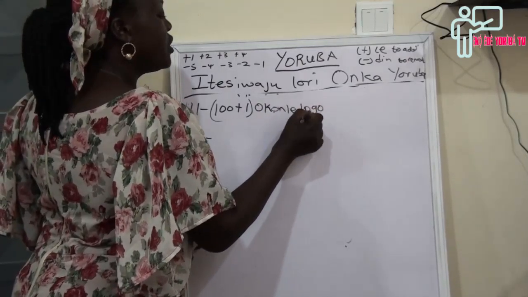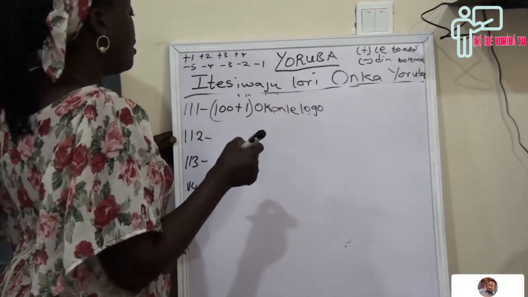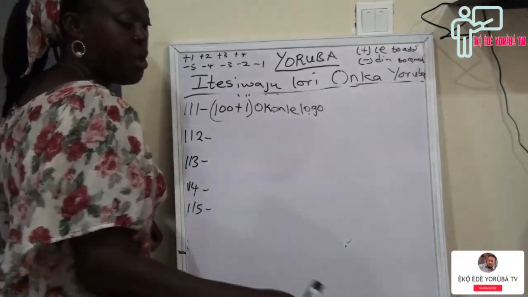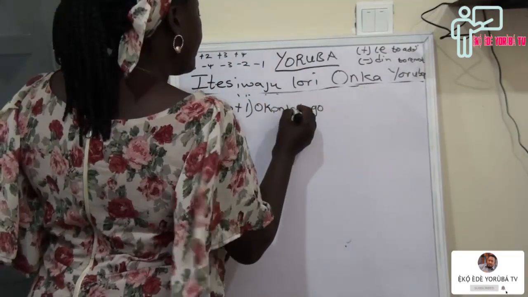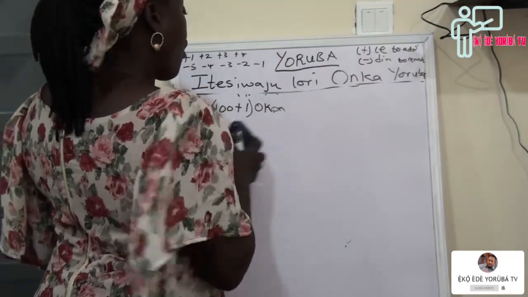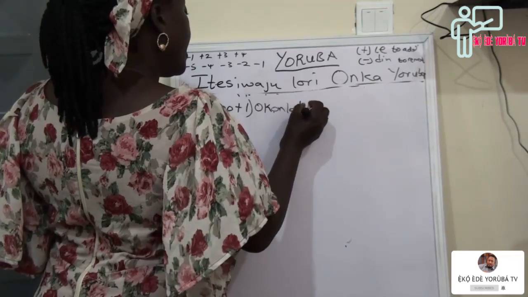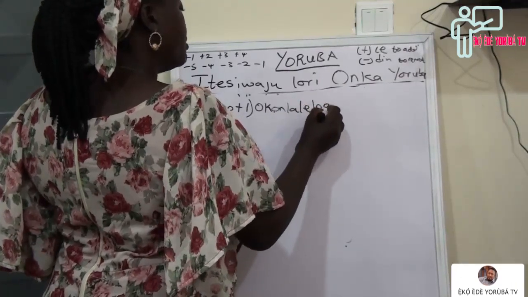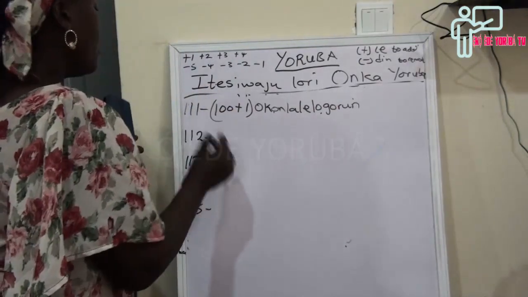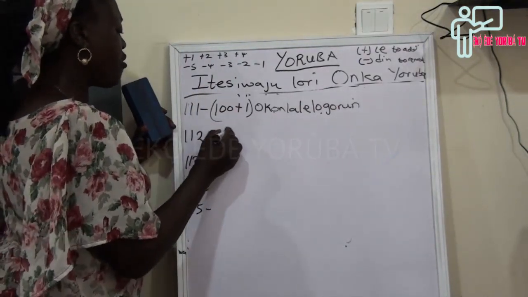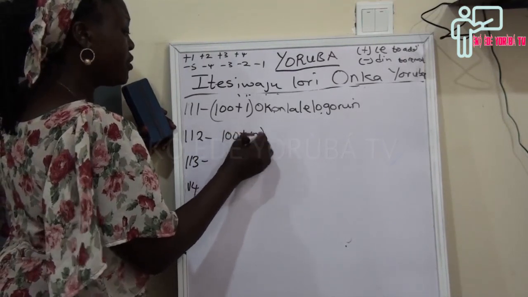Ọ̀kànlélọ́gọ́rùn-ún. Mọ́kànlá lé lọ́gọ́rùn-ún, ọ̀kànlá. So ọ̀kànlá lé lọ́gọ́rùn-ún. That is the meaning. Now this one you know is 100 plus 12.